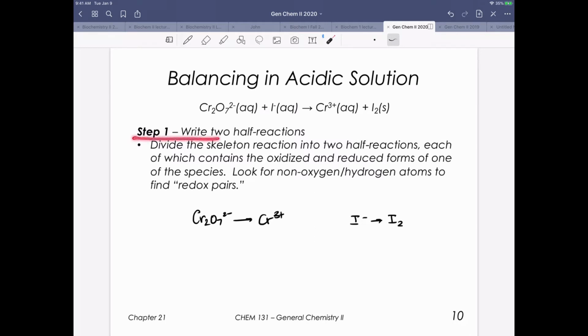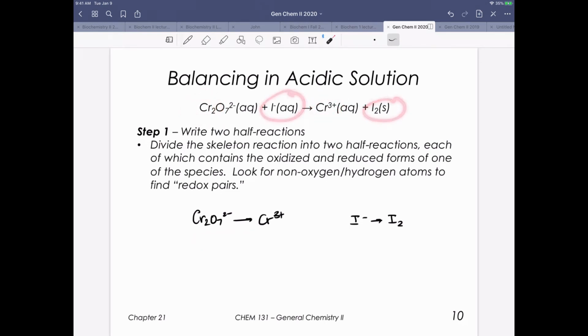So the first step, remember, is to take that skeleton equation and break it apart into two half reactions. So look for things that are related by the elements that are not oxygen and hydrogen to split things apart. Hopefully we see that there's a chromium here and here, so these two belong together as a half reaction.